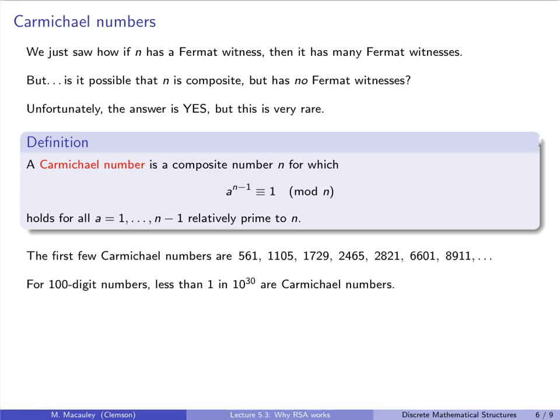For 100-digit numbers, which is still less than what we're dealing with in RSA, less than 1 in 10 to the 30 are Carmichael numbers. To give you a context of how big or how small this is, the number of grains of sand in all of the world's beaches is roughly 10 to the 21.